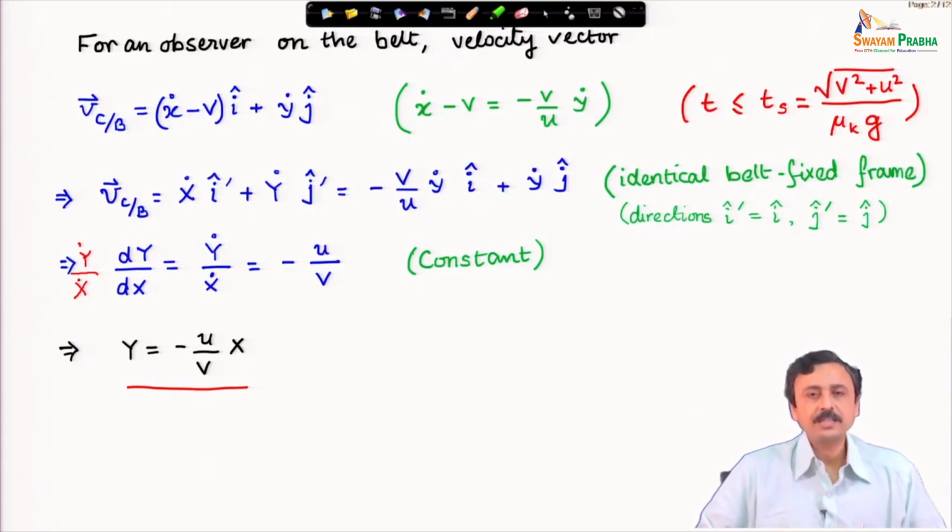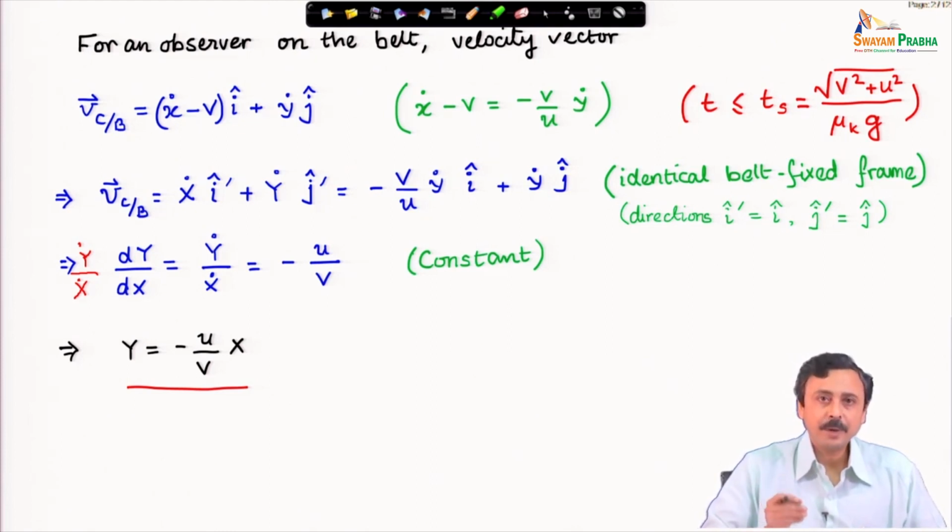This tells us, surprisingly, that the coordinates of the cylinder as seen by the belt based observer form a straight line with constant slope. This has a constant slope, it is a line, right.